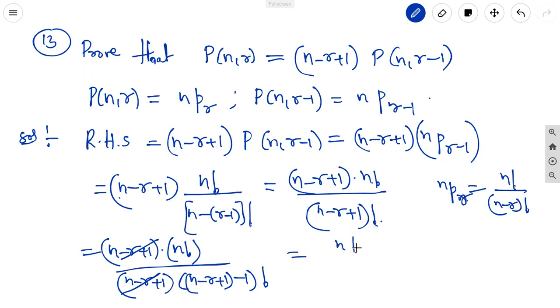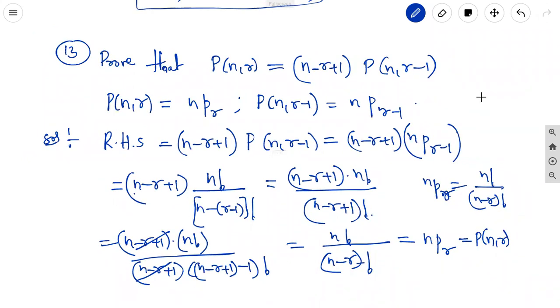Then it is equal to n factorial by (n minus r plus 1 minus 1) factorial, that is n factorial by (n minus r) factorial. That is nothing but nPr, equal to P(n,r).